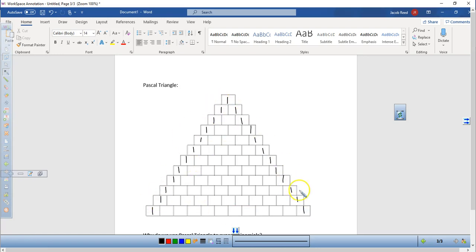Okay, so there's all my 1s. Your job is to fill in all the stuff in the middle. And it's not difficult to do.